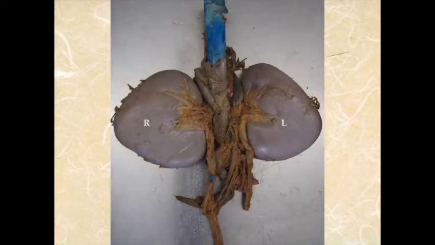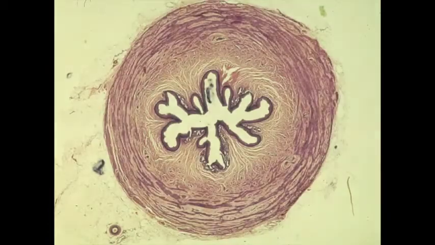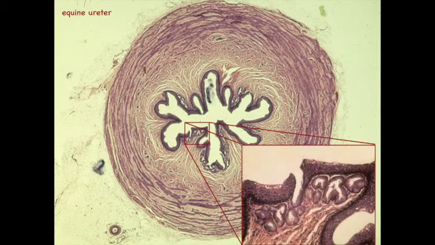Remember that the kidneys are retroperitoneal, as are the ureters for most of their course. The right kidney in the horse is said to be more heart-shaped, whereas the left is more kidney-shaped. Remember, the ureter of the horse contains those mucus glands, which contributes to the cloudy appearance of the urine in the horse.